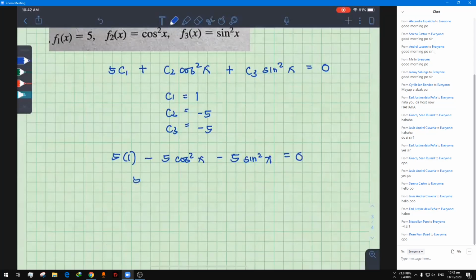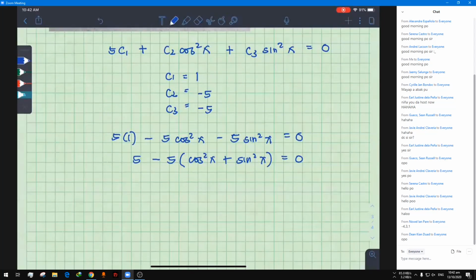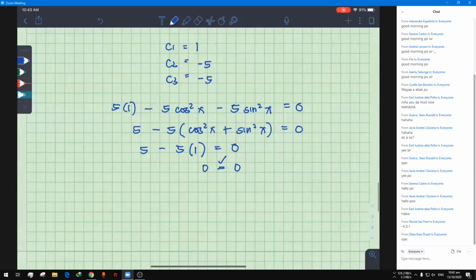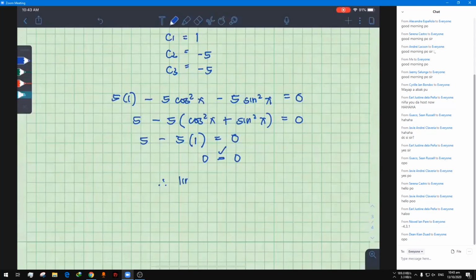The 5 is common, so I factor out 5 and have cosine squared x plus sine squared x. So 5 minus 5 times cosine squared x plus sine squared x, which is 1, equals 0. So 5 minus 5 is 0. Therefore, those are linearly dependent.